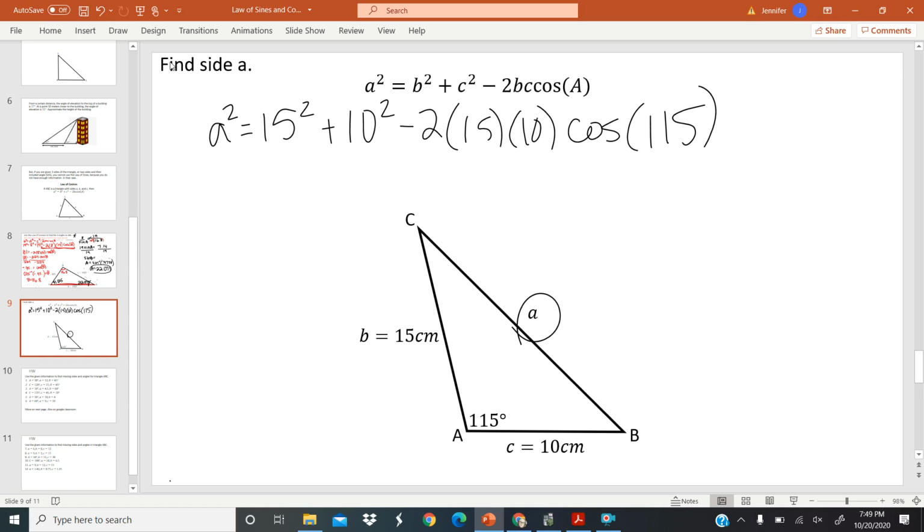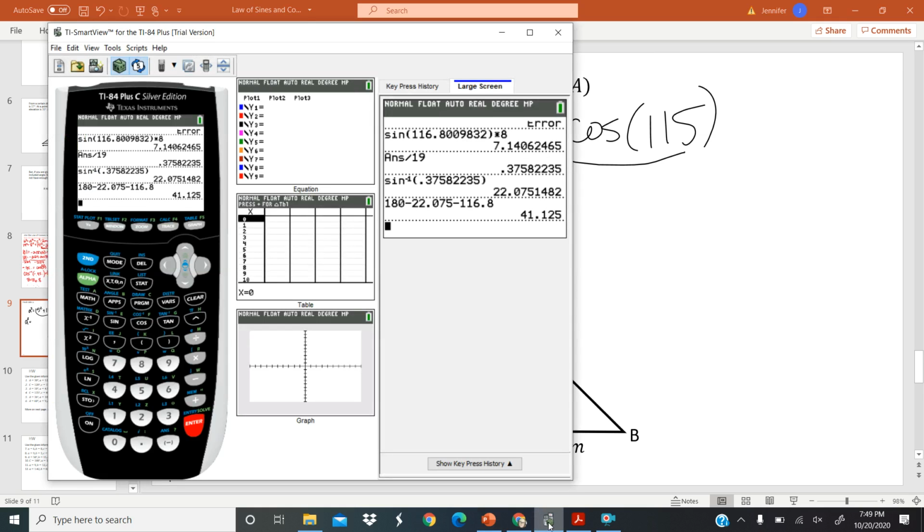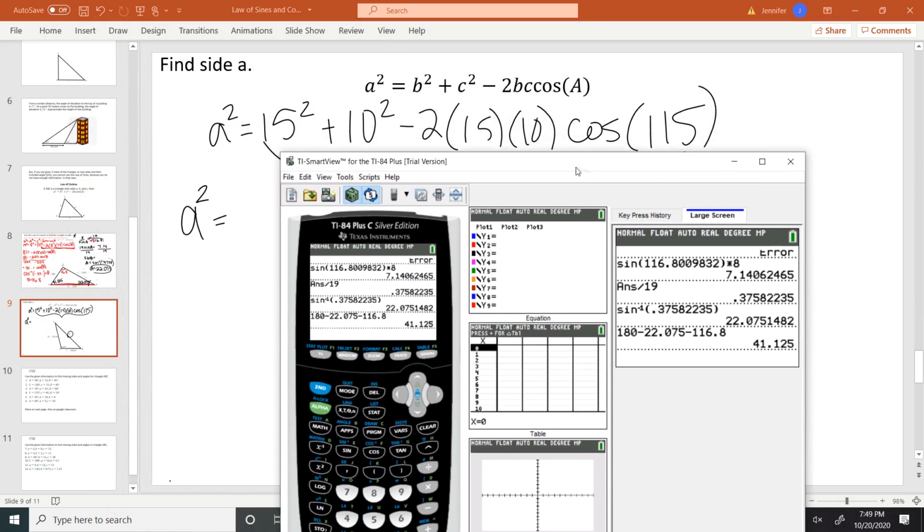So in this one, all of this right-hand side here is just going to be a number. So I'm going to have A squared is going to be equal to that number.